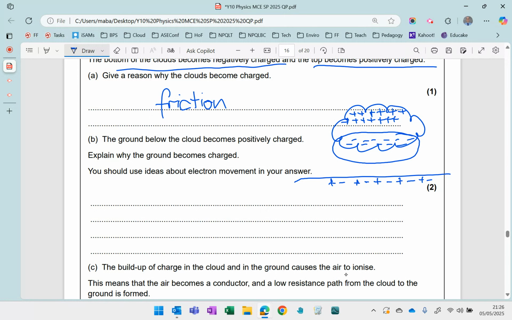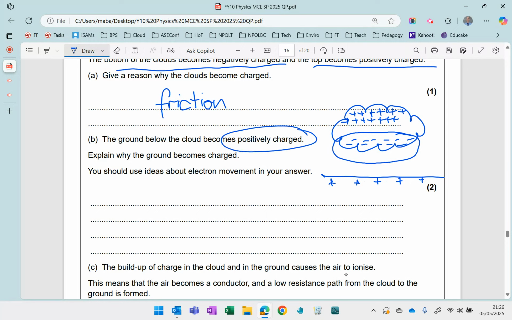So what do you think that's going to do to all of the electrons in the ground? It's going to repel these electrons further away, and now the only thing that you're going to have left, whoops, I've rubbed my ground out. Okay, the only thing that you're going to have left is these positive charges remaining in the ground.